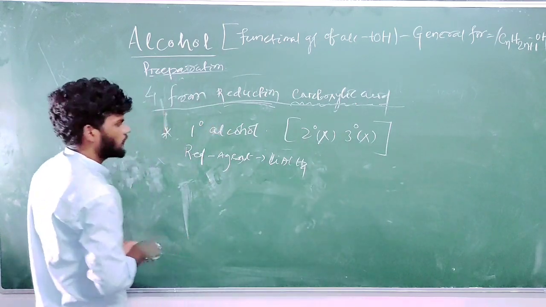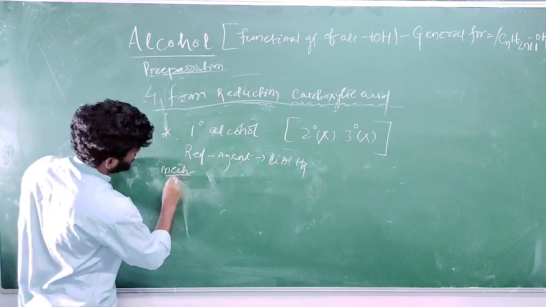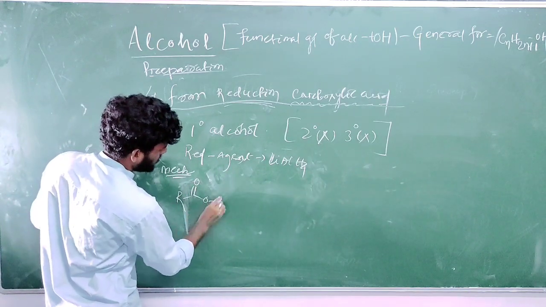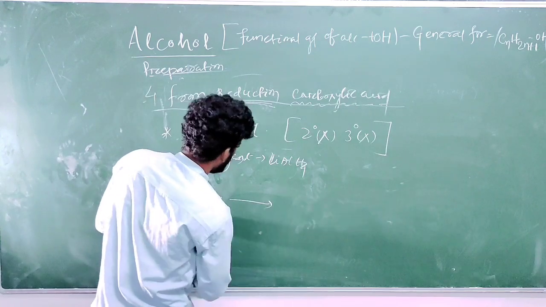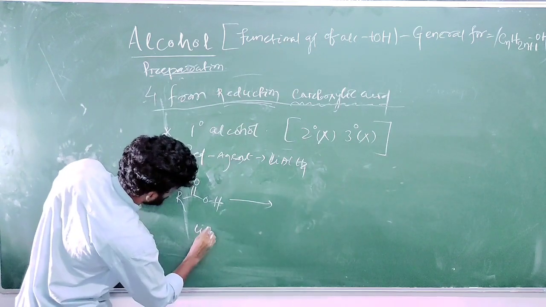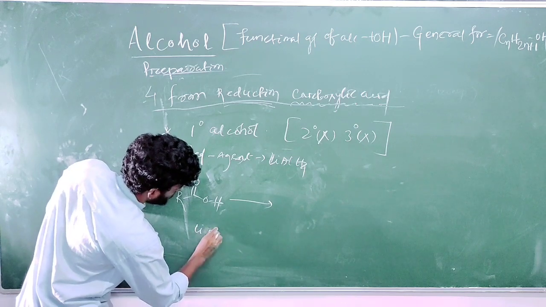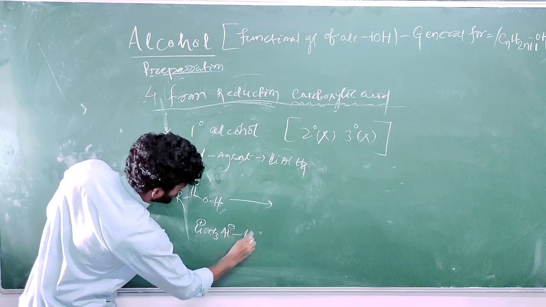So let's see the reaction mechanism. What is the mechanism behind it? Let us suppose we take any carboxylic acid, RCOOH. This is the carboxylic acid. To this carboxylic acid, let us suppose we give lithium aluminum hydride, lithium plus, aluminum minus, H3.